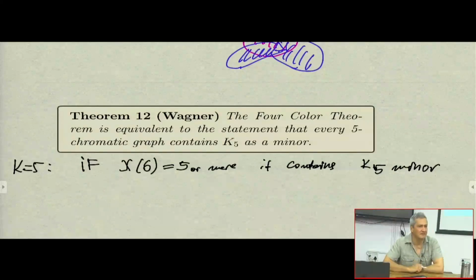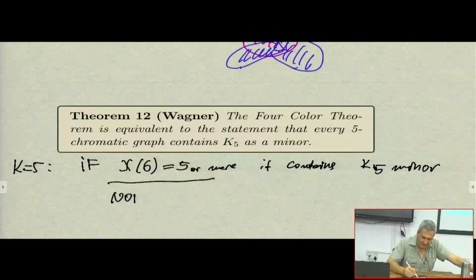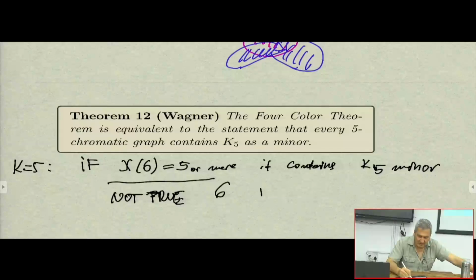So let's say this is not true. So G doesn't contain K5 as a minor.